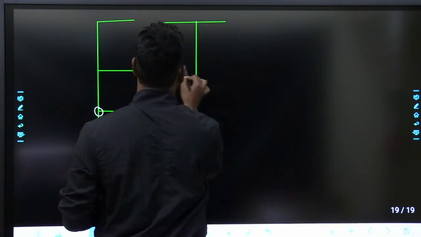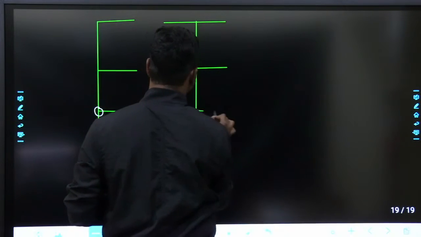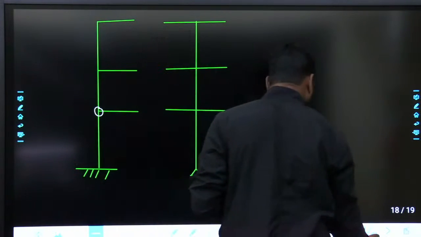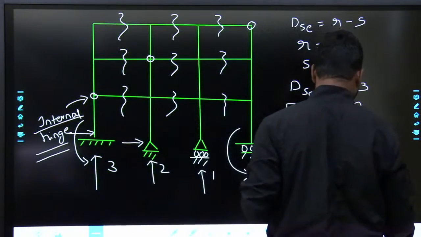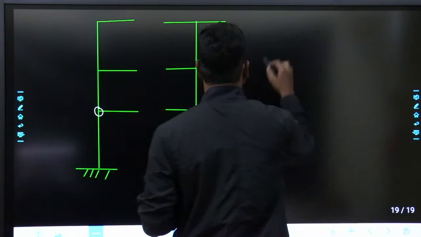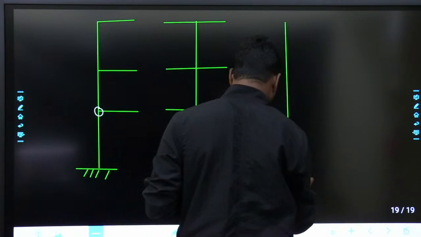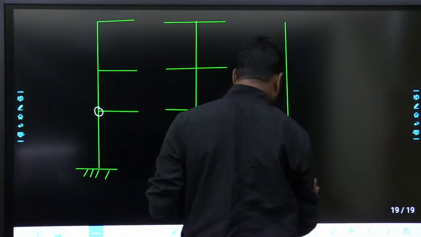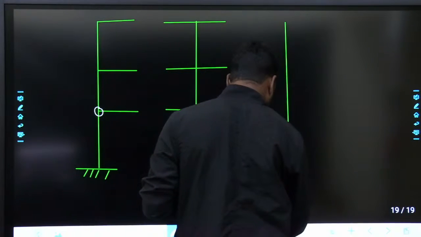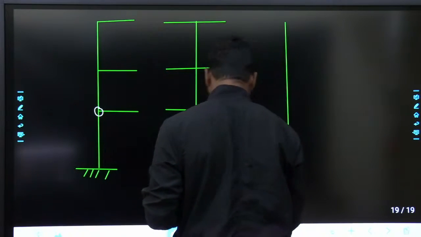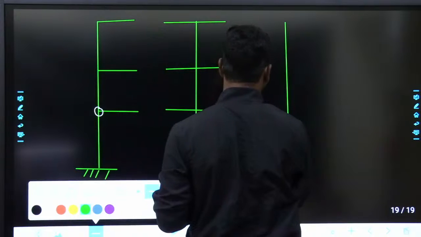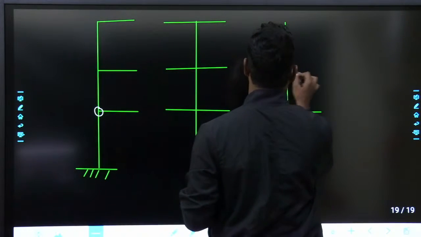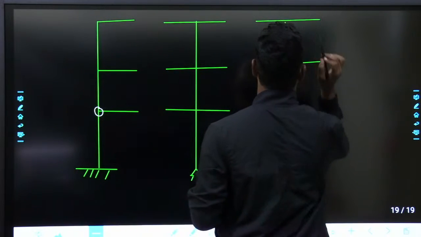One, 2, 3. Fine. And this one. One, 2, 3.